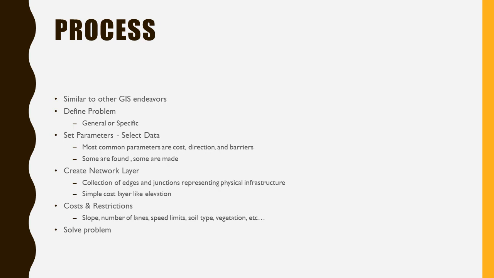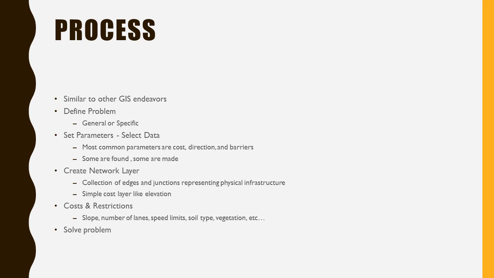The number of lanes in a highway can restrict the flow, speed limits. You can also have things like soil type that could restrict movement because maybe it's not a stable soil. It's something that with heavy truck traffic would quickly lead to being stuck. Maybe vegetation is a restriction. Certain vegetation you can walk through easily, other you cannot. It's a lot easier to march across a mature forest than it is across a wetland.